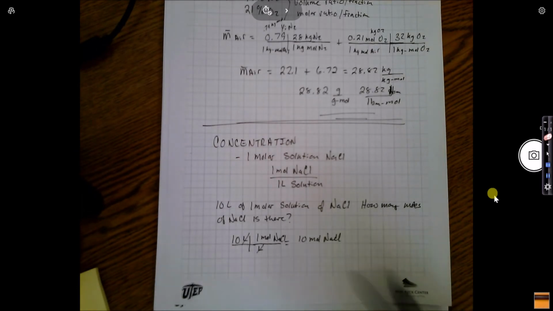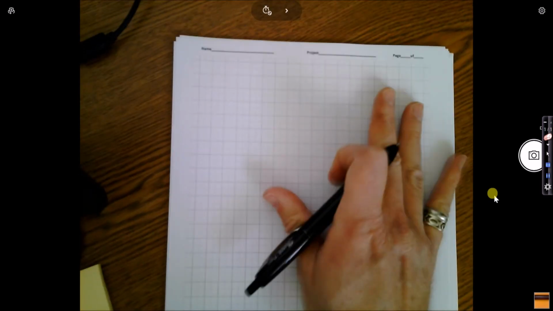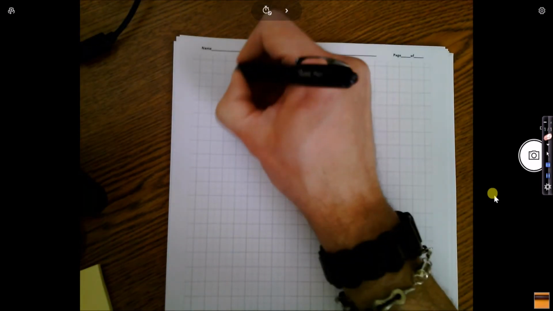Okay, so here we were just using molarity as a conversion factor. So let's look at a slightly more complex type of problem. We'll stick with a 1 molar solution of sodium chloride.